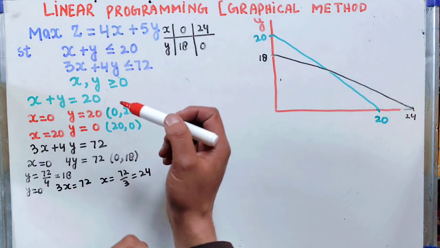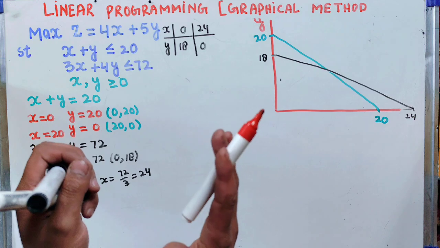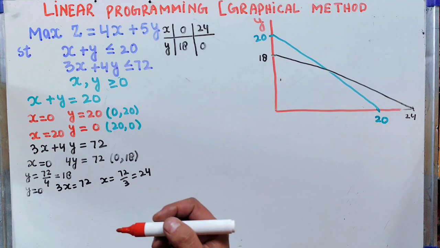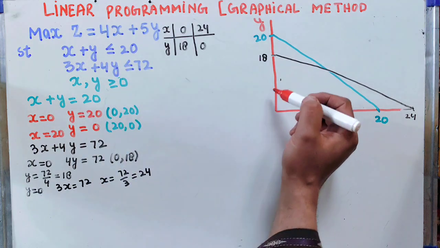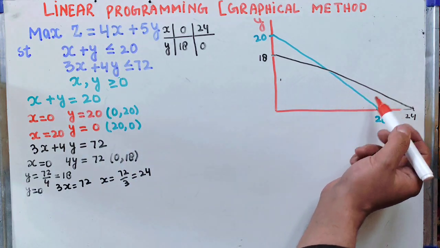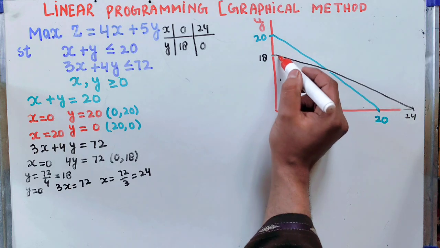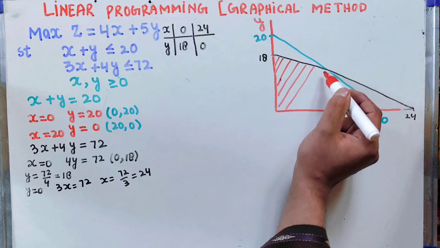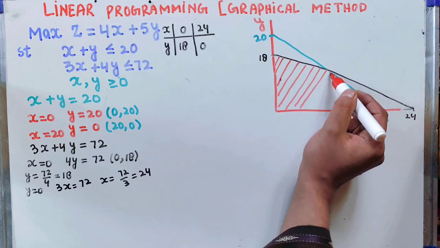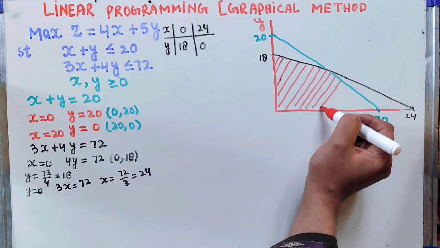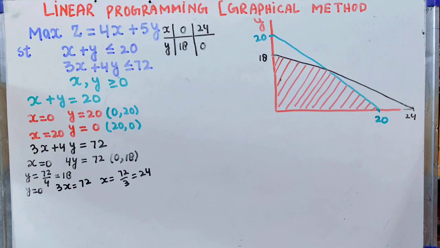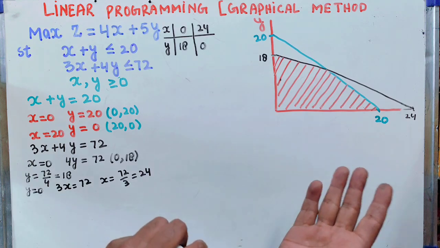That is, our feasible region will be the common area between the two lines, below the lines. So our feasible region will be this region, which is common to both the lines, because only this region satisfies all the constraints. This shaded part is our feasible region.